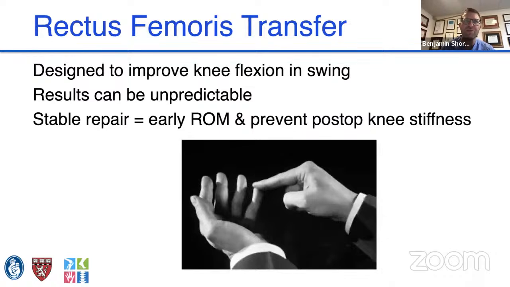The goal is to improve knee flexion. I would say that I can count on one hand the number of times I've done this. And in my population, if I'm going to do anything to the rectus, I do an intramuscular lengthening in the distal third. And that still is done rarely because I feel like that intervention is not indicated tremendously.